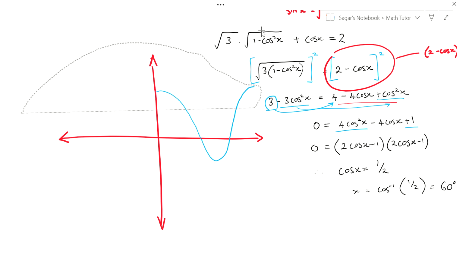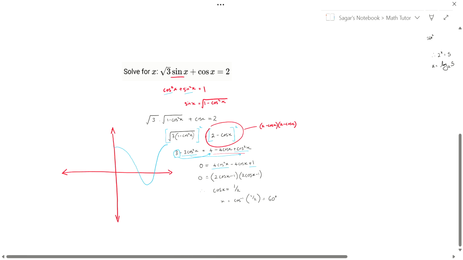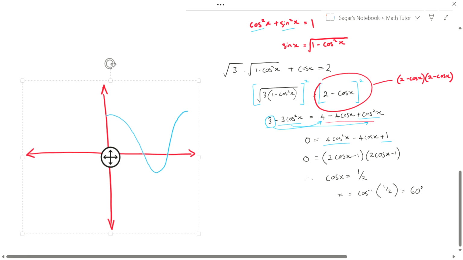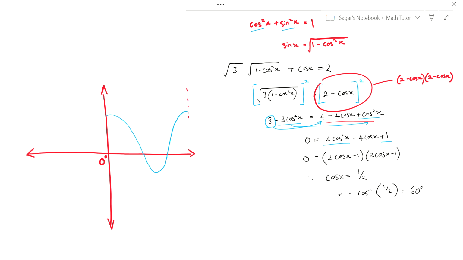Let me move this. Right, that's perfect. Now, at the intersection, we've got 0 degrees. At the end of the graph, we've got 360. And at the center, we've got 180.